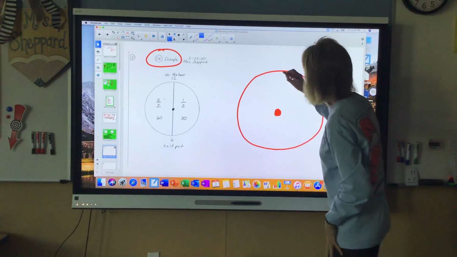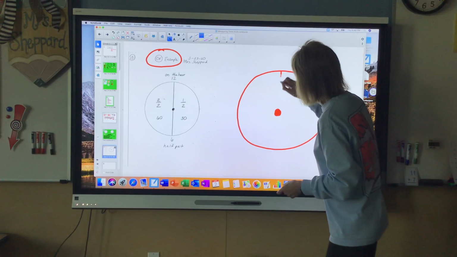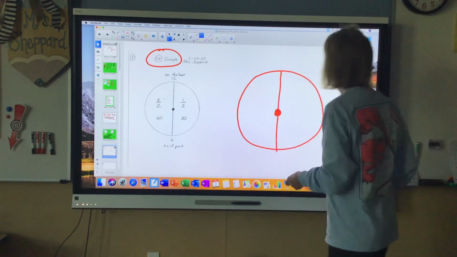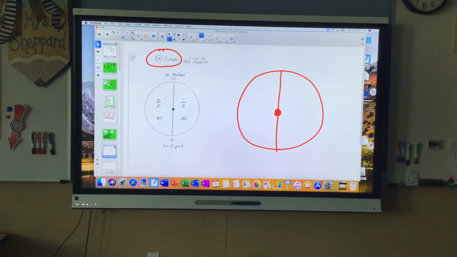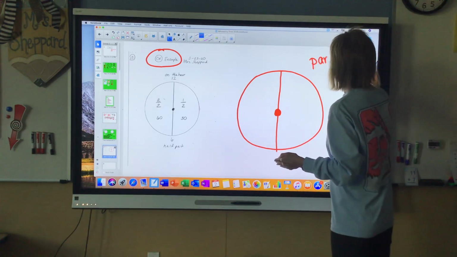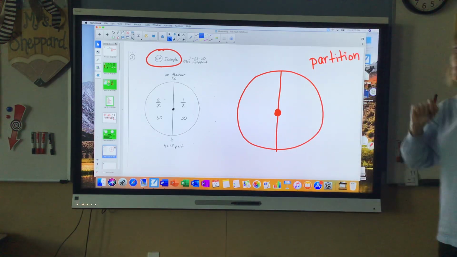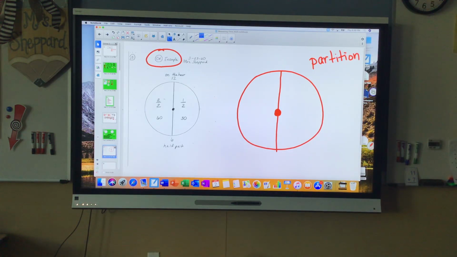I can't do my ruler up on the smart board, but you can at home, and I would break that circle into 2 equal pieces. I just did what I call partition that circle into 2 equal pieces.